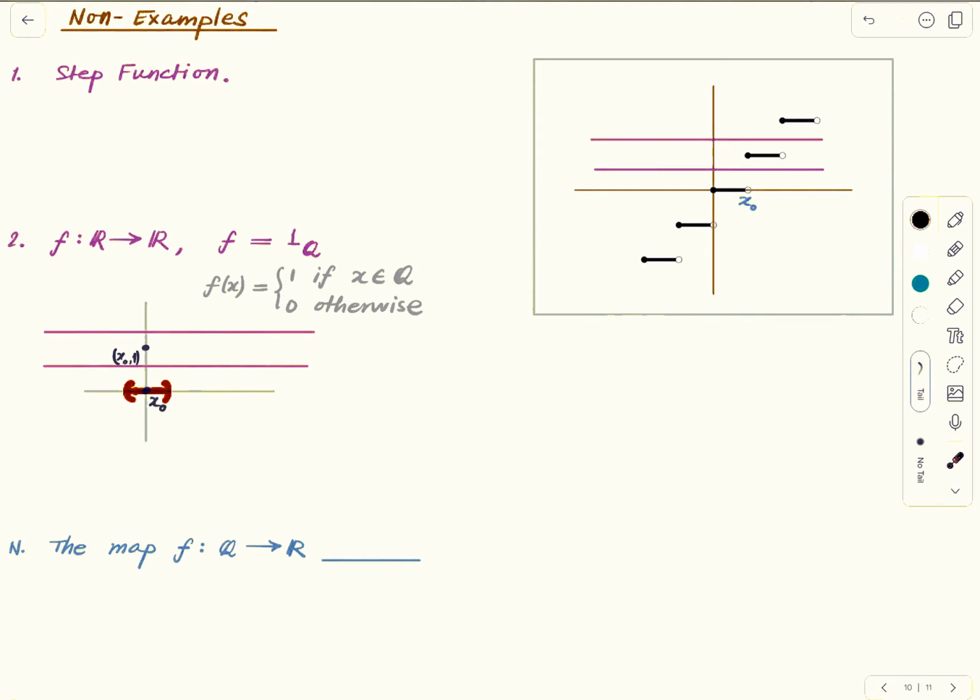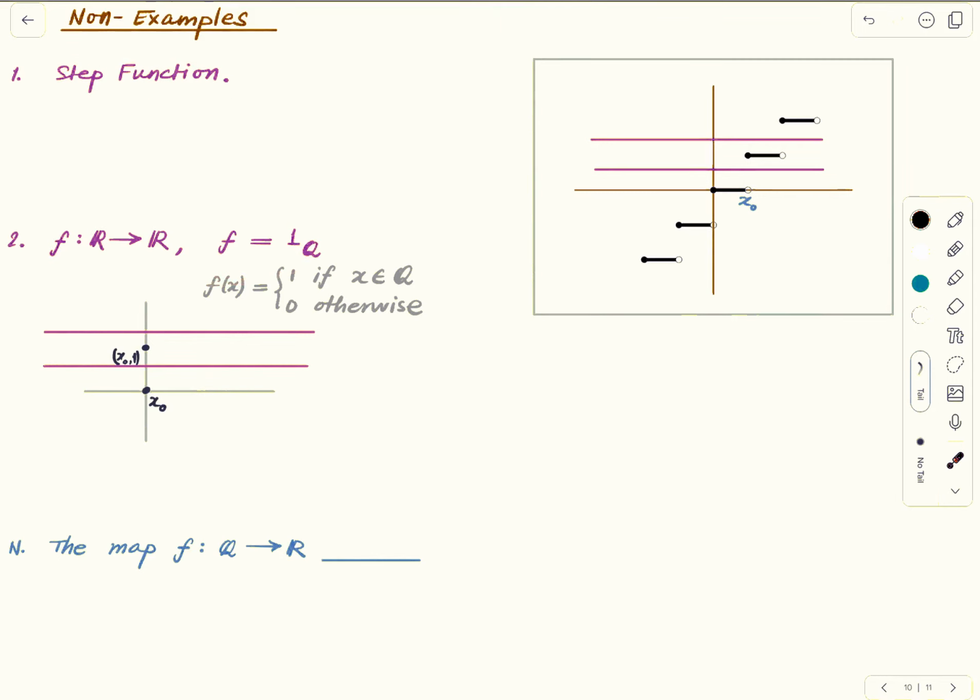And hence, the corresponding point in the graph cannot be inside this epsilon band. This is a highly discontinuous function in the sense that it is discontinuous everywhere. That was not true for the step function. We showed that the step function is discontinuous at this point, but if you just think about this point, the step function will be continuous here. So it is not discontinuous everywhere, but this is.